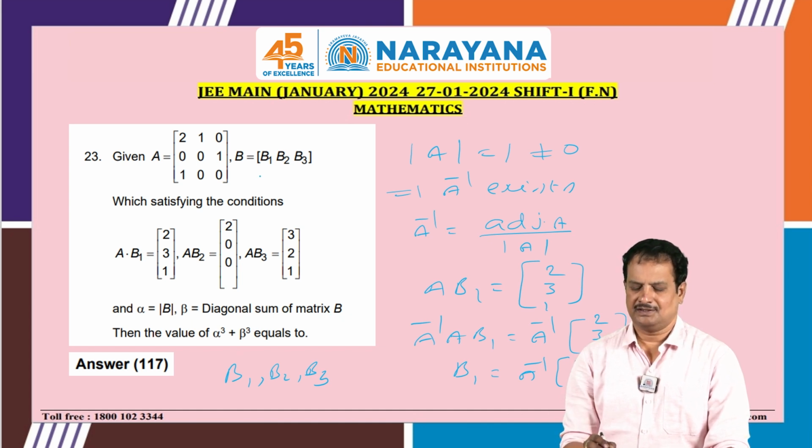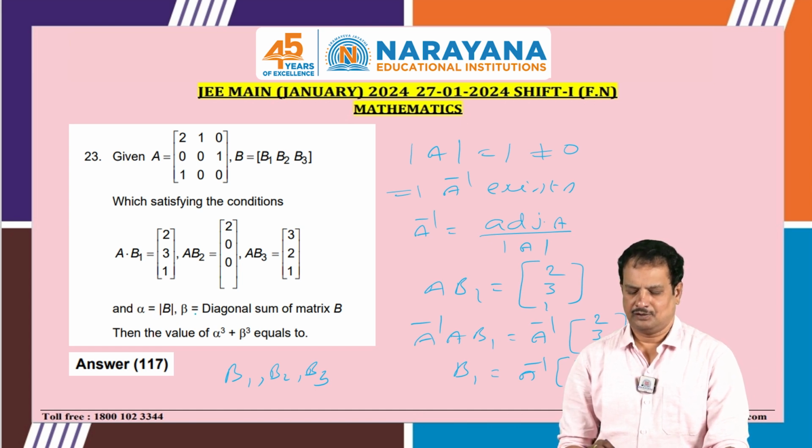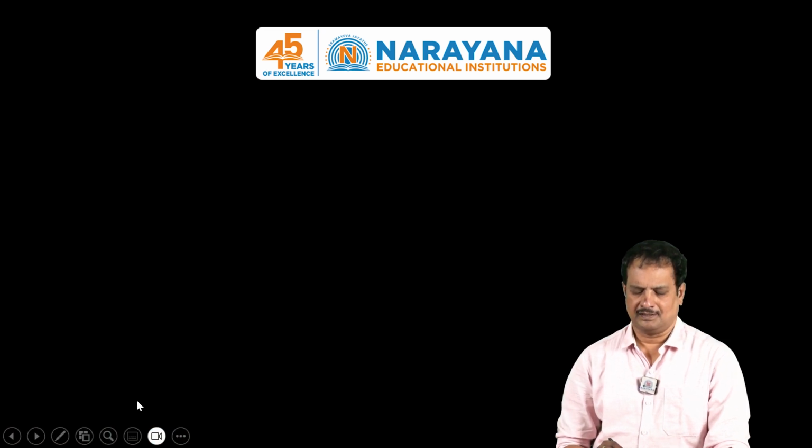Once you know the matrix B by this process, you can find out both alpha and beta, where alpha is the determinant of B, and beta is the trace of the matrix B, because that is simply the sum of the diagonal elements of that matrix. Once you find out these two, if you find out alpha cube plus beta cube, you'll be getting 117 as the value.